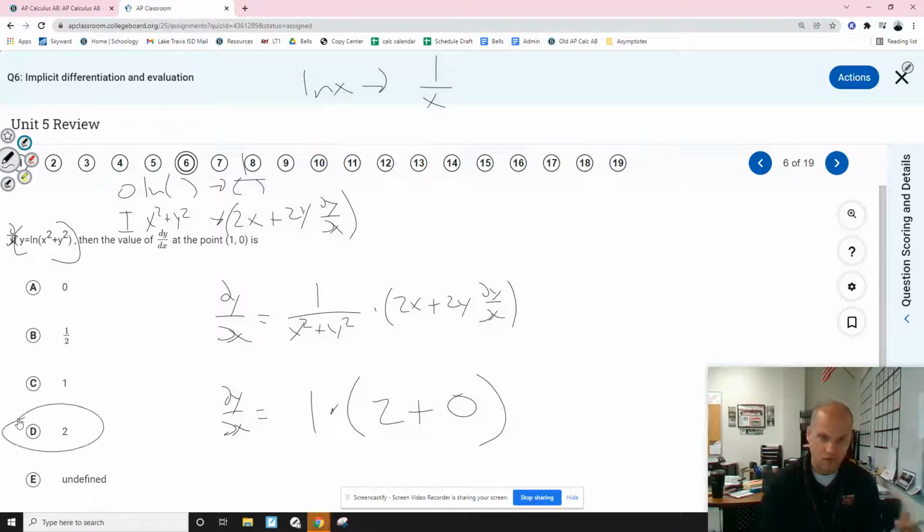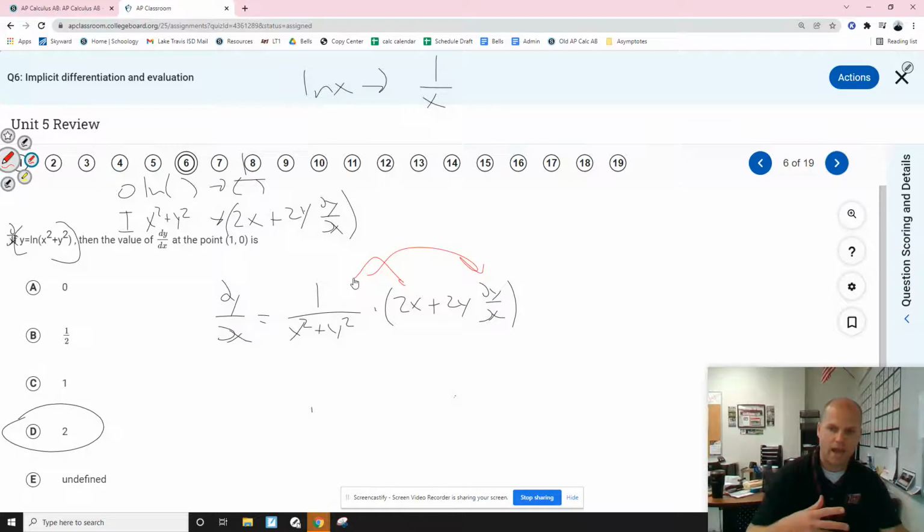Look how easy it is if you plugged in 1, 0. Just make sure, like 1 over 1 plus 0, 2 plus, this has got to be 0 because y is 0. So I don't have to worry about distributing and simplifying for this question. There might be another question where you would. It's not nice, it's not pretty, but maybe you'd have to distribute, subtract, factor. Maybe you'd have to simplify from there.